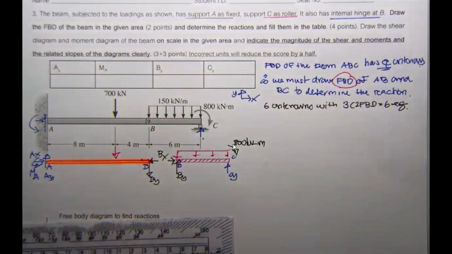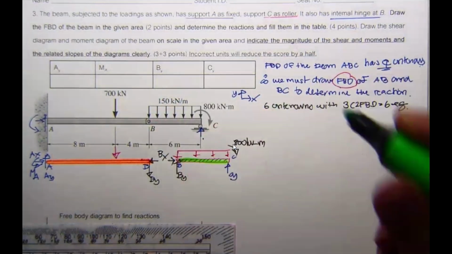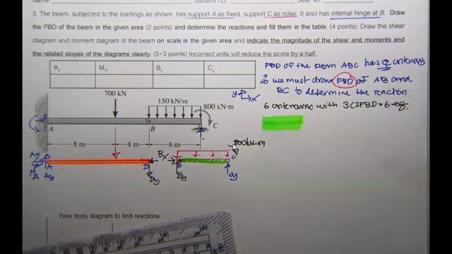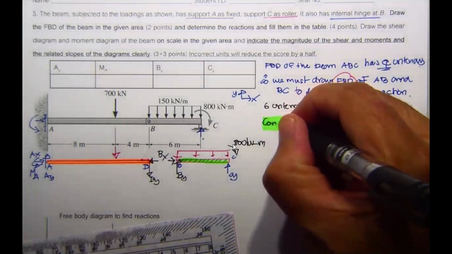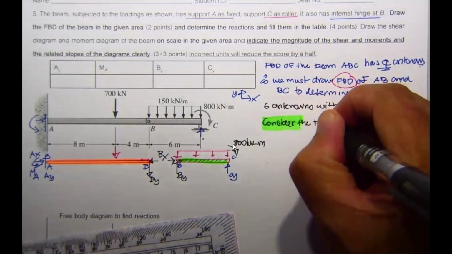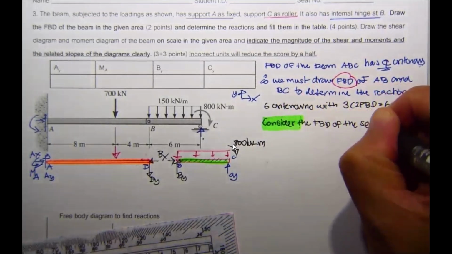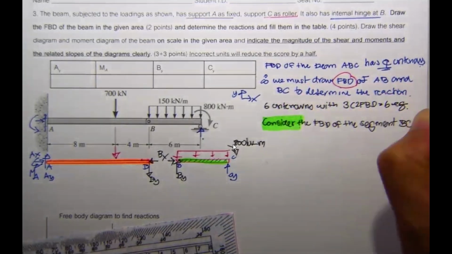We cannot start at this portion. It's better to consider this portion, whose free body diagram has only three unknowns. So we consider the free body diagram of the segment BC and start with that one.